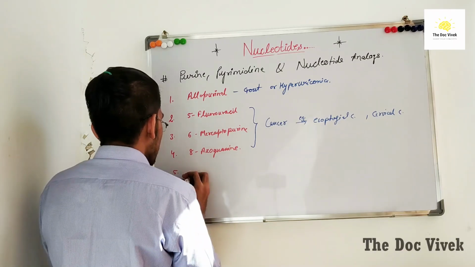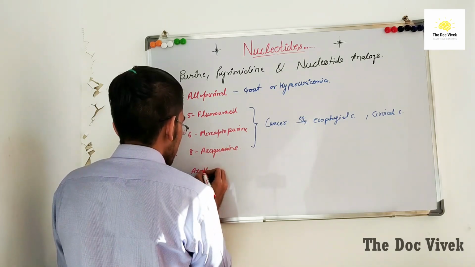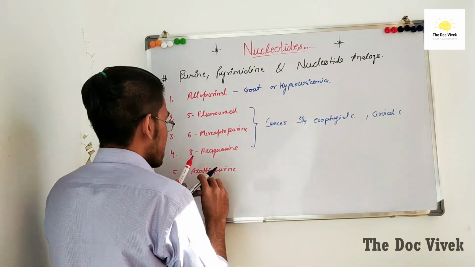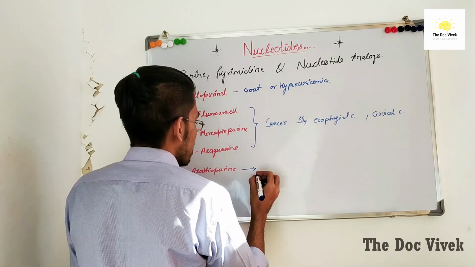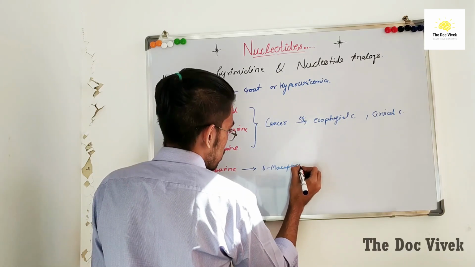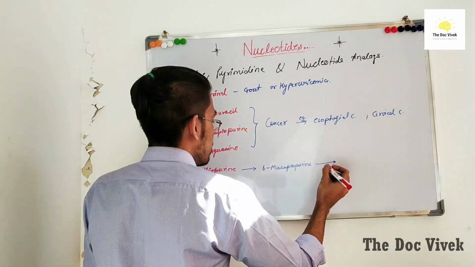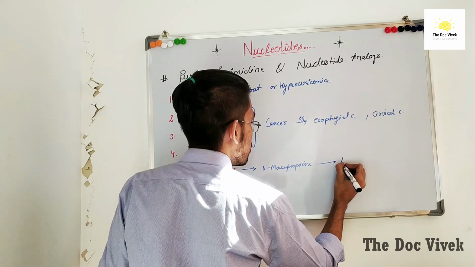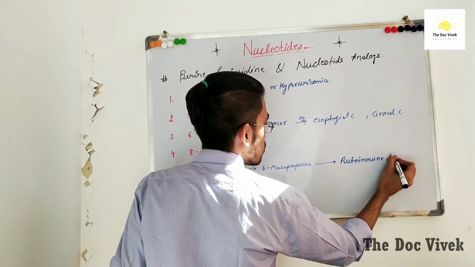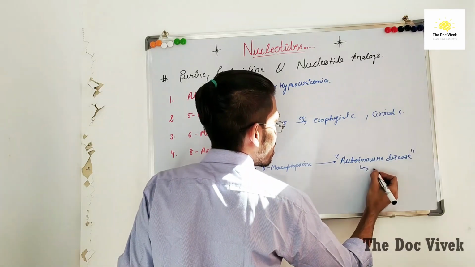The fifth one here is azathioprine. The azathioprine, when it gets inside our body, is converted to 6-mercaptopurine, and then helps in treating the autoimmune diseases, like arthritis.